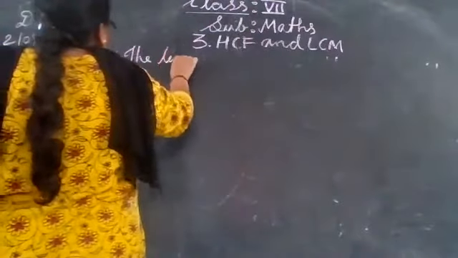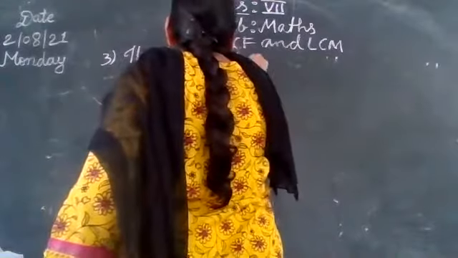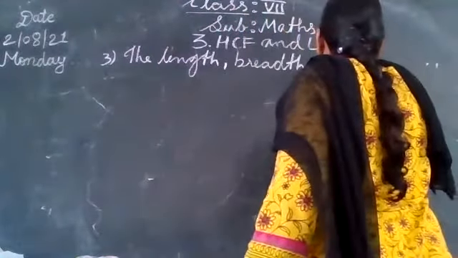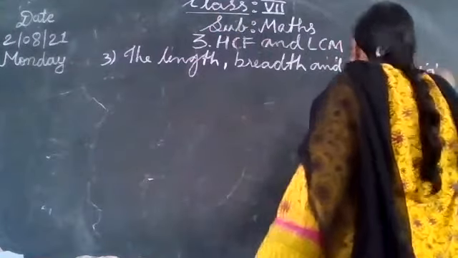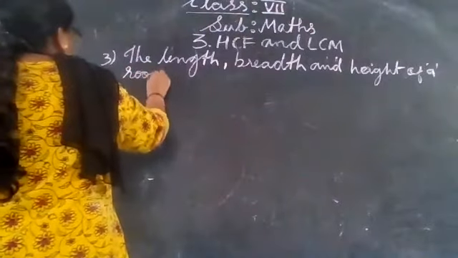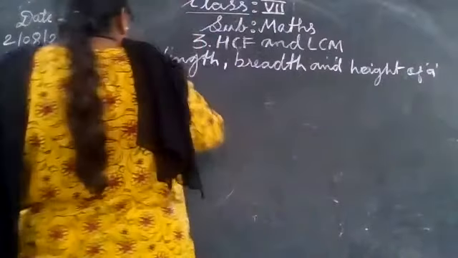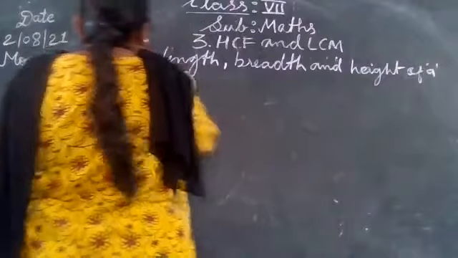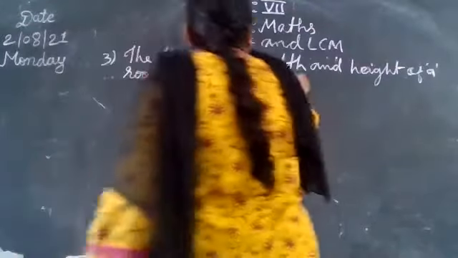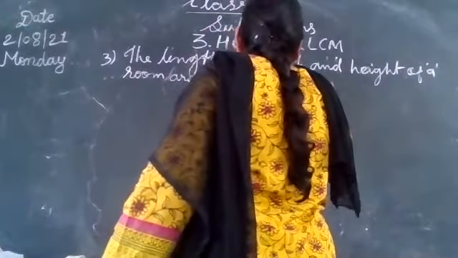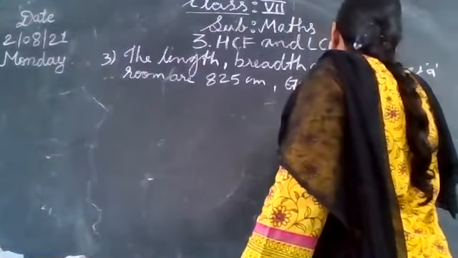The length, breadth, and height of a room are 825 centimeter, 675 centimeter, and 450 centimeter respectively.